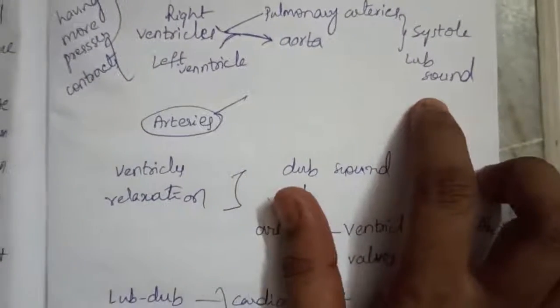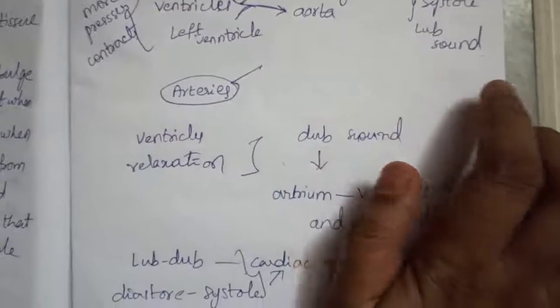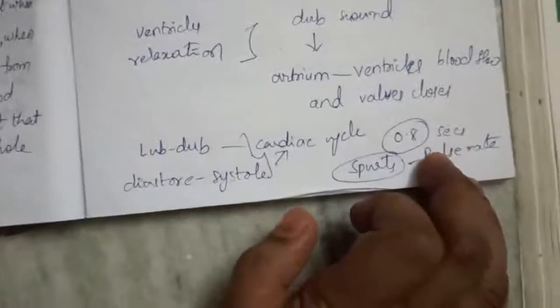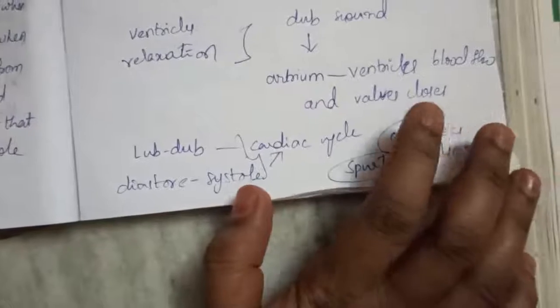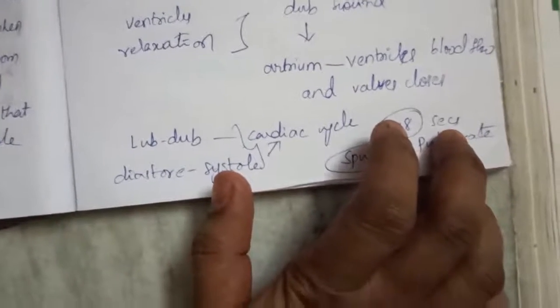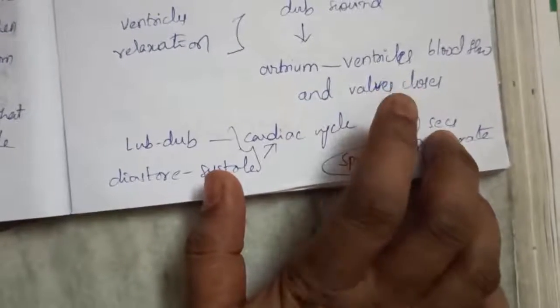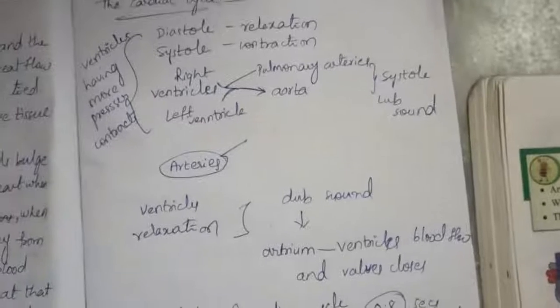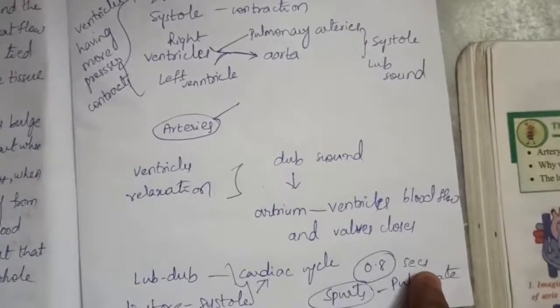Then the blood enters from both atriums to both ventricles, and the valves close. At that time the blood cannot flow back to the atriums again, and we can hear the dub sound. So the lub dub sound is completed.